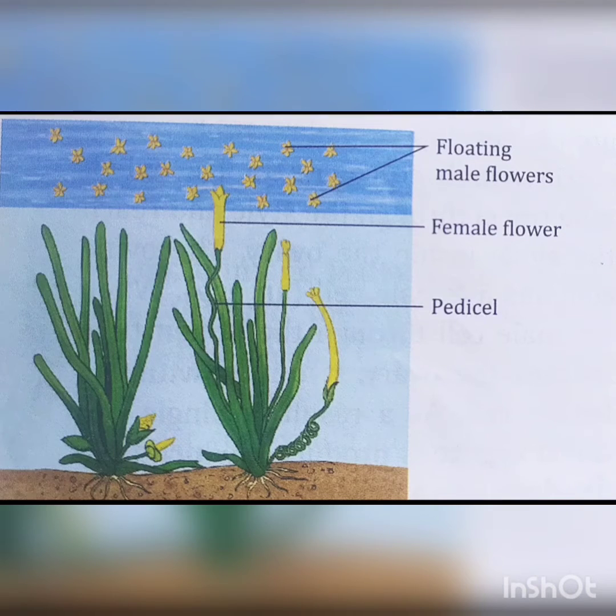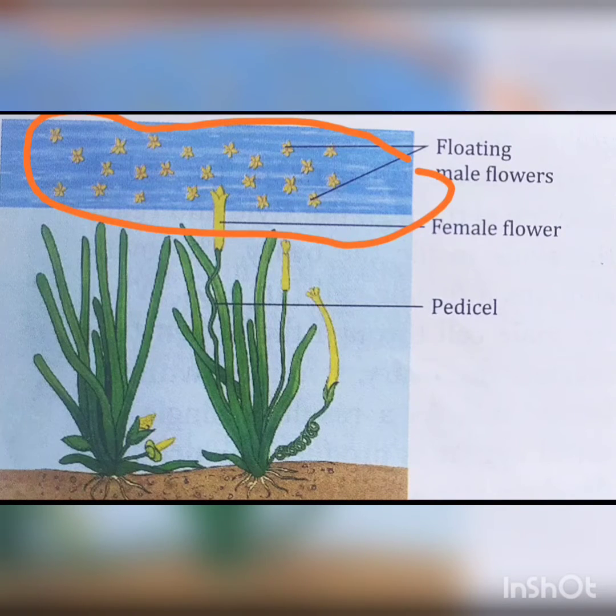In the aquatic plants, the pollination is done with the help of water. In plants like Hydrilla and Vallisneria, the male flowers are completely submerged in water. On maturity, they get detached and float on the surface of water.